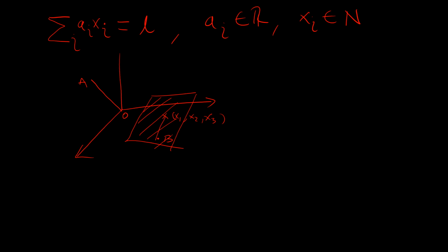bx, or xb, if this vector is perpendicular to OA, since we know that the scalar product of two vectors A and B is 0 if A is perpendicular to B, right?